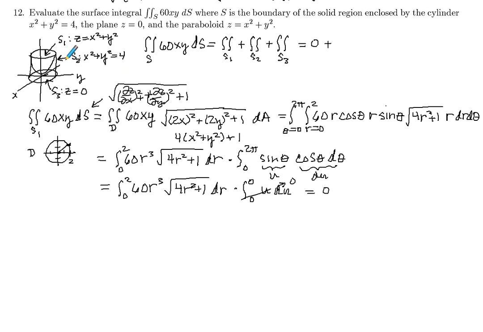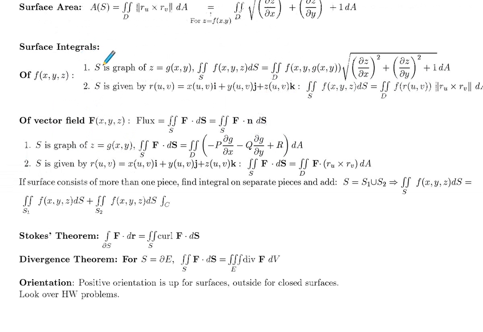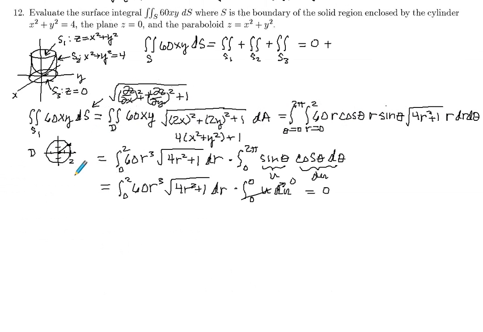So that's going to be parametric. So that's this version here. Your surface is given by r of u, v, parametric equations in terms of u and v. We'll do ours in terms of theta and z. And here you plug your parameterizations into the function, and then you need the length of ru cross rv. Okay, so first we need the parameterization. Okay, so our S2 here.